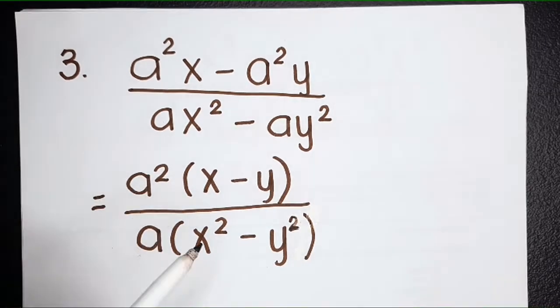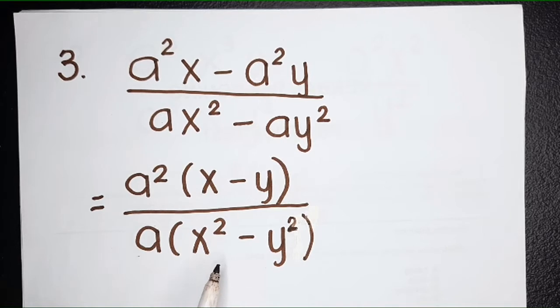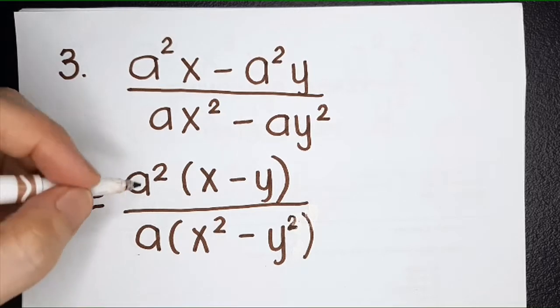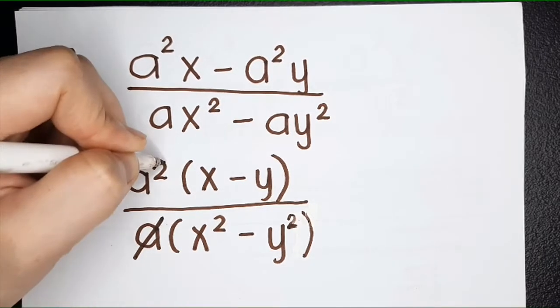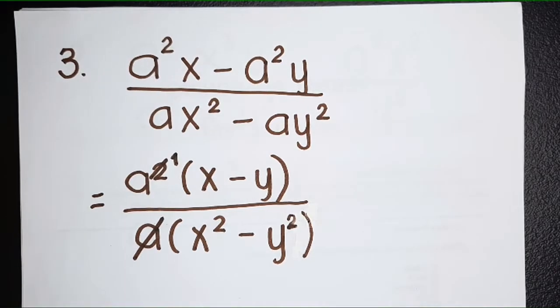But please notice that you can still factor x squared minus y squared, because this is a difference of two squares, right? But if you want to cancel a's here, you can do that. You can have a raised to 1 here, or simply a.